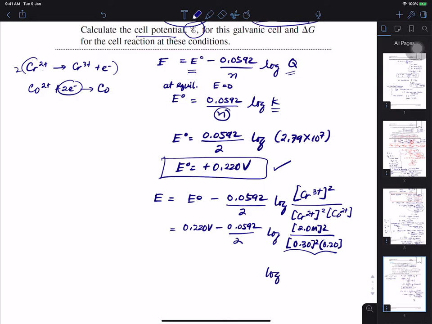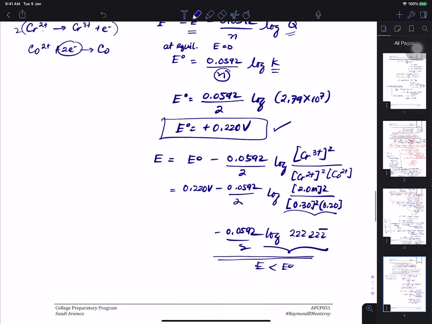Logarithm of 222.222. So this quantity here is positive, which makes the second term negative. So our E will now be less than E naught, right? So just to connect with what we did in the previous video.